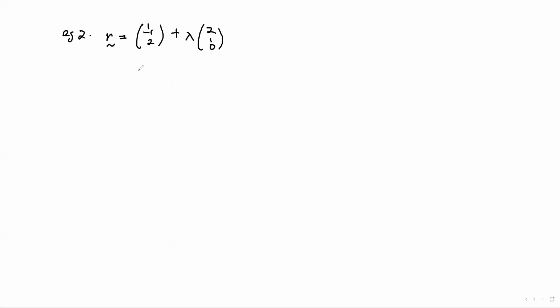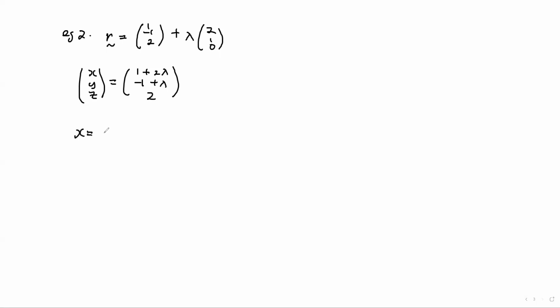Okay, so how do we change it into the Cartesian form? Okay, so I'm going to just express it as x, y, z. Okay, and that is equal to 1 plus 2 lambda, negative 1 plus lambda, and this is 2. Okay, so you can see that the z coordinate is independent of lambda, right? Because this one happens to be 0.